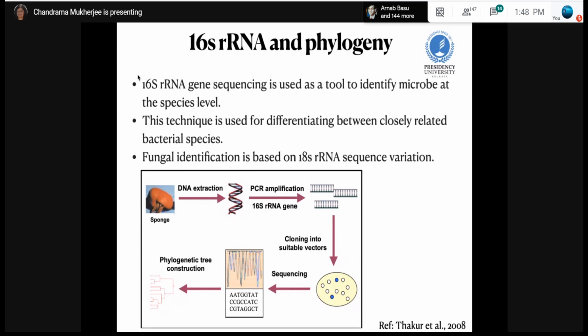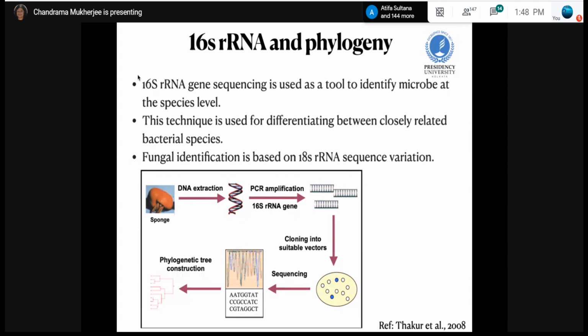From that we can sequence, and from the sequences obtained we can construct a phylogenetic tree with the help of software. TreePuzzle is a computer program to reconstruct phylogenetic trees from molecular sequence data by maximum likelihood.